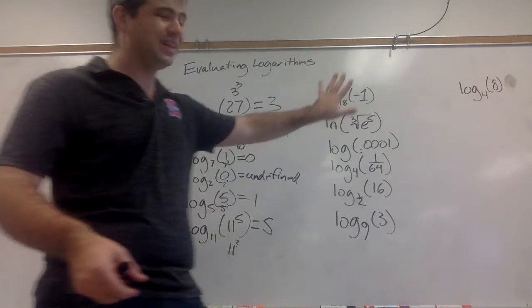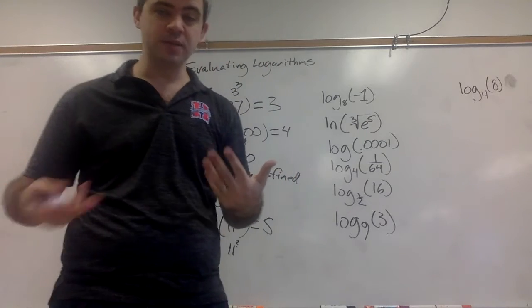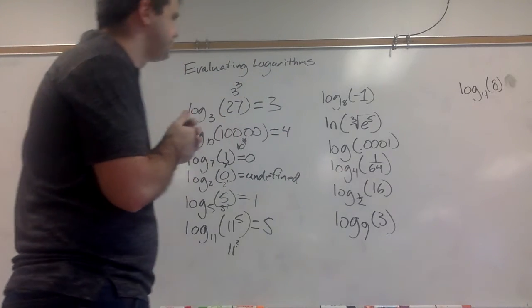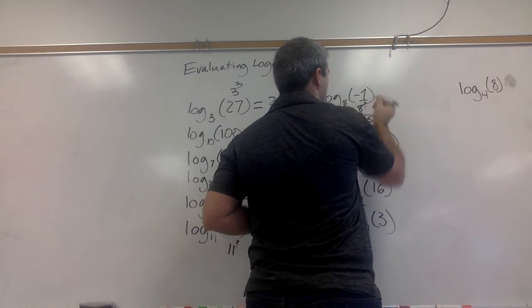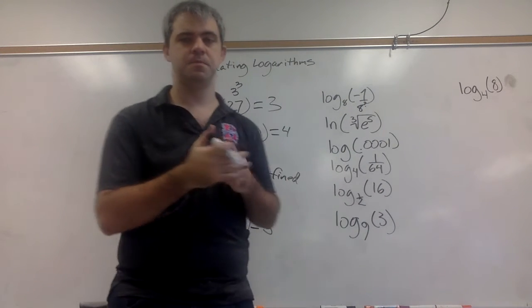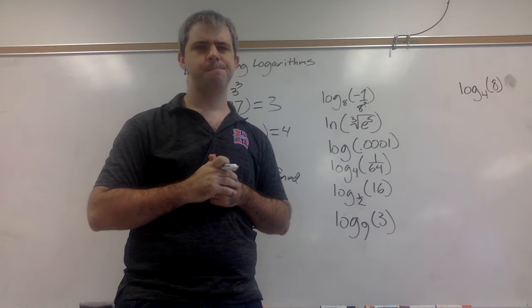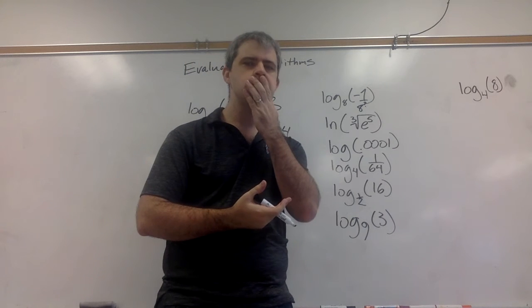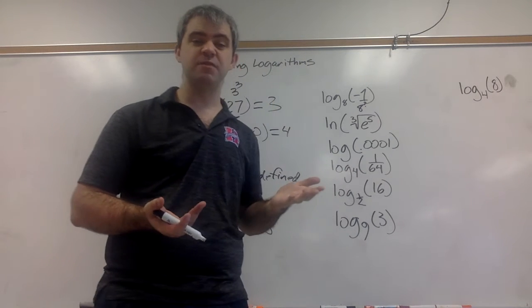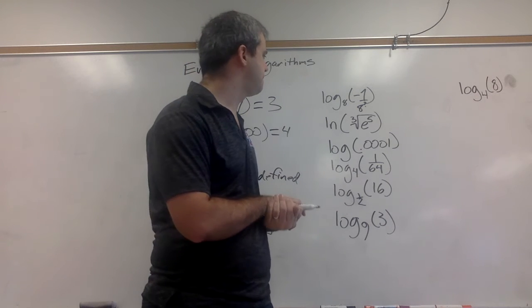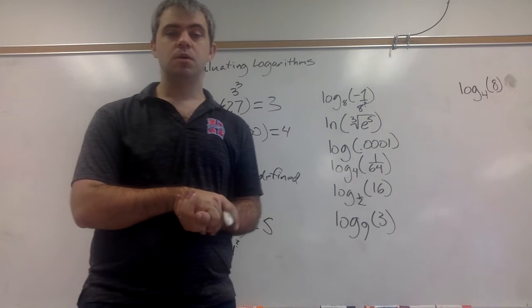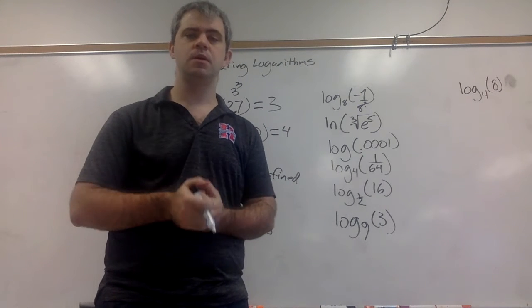All right, let's dive into maybe some trickier ones. 8 to the what power is negative 1? Maybe I can do positives. Positive, no, that's not going to work. What about 0? 8 to the 0, no, that's 1.